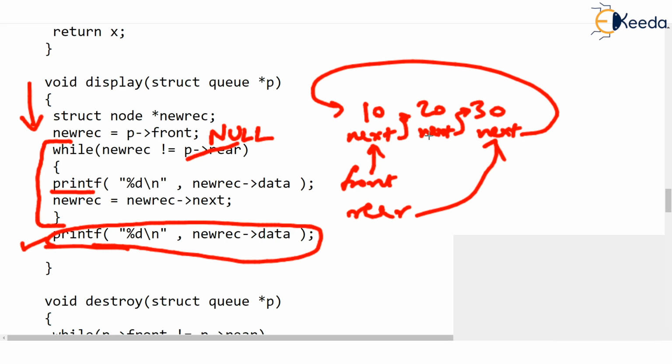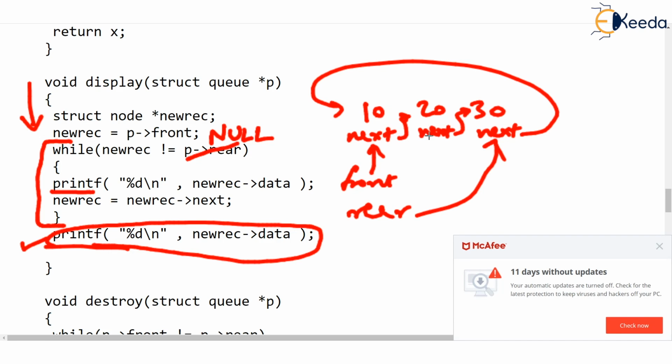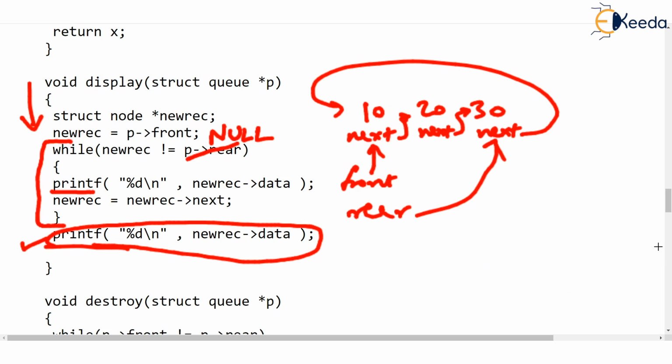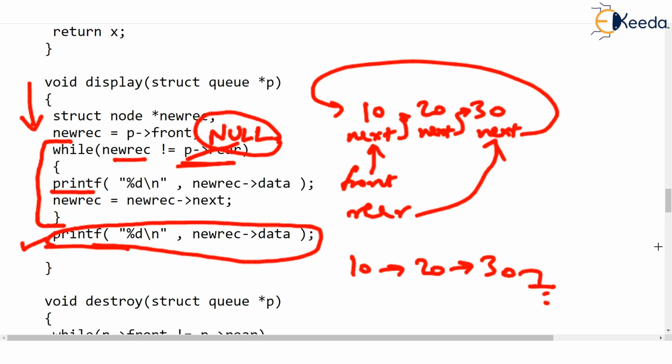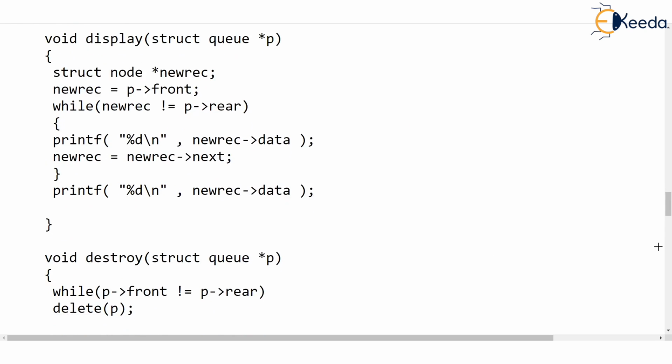Absolutely, you will find nothing to be null. Search null if you can. How can there be null? In linear queue, we had 10's next, 20, 20's next, 30, 30's next null. So we can search for this null in linear queue, but there is nothing called null here. So what we will have to do is check whether numeric reaches the last node, that is p arrow rear. So have a look at this and just try to understand this.